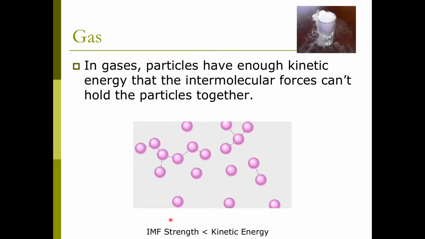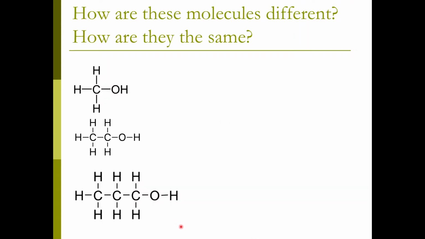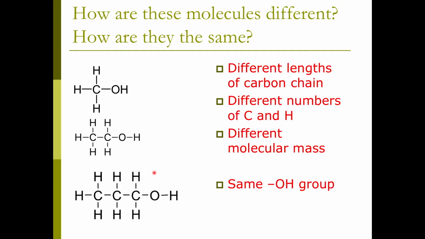So we're going to take a look at a few different molecules and we'll see what we can compare. So first, let's just think. We have three different molecules here. We have this guy, and this guy. Now, how are these molecules different and how are they the same? Well, you could say that they have different lengths of their carbon chain.